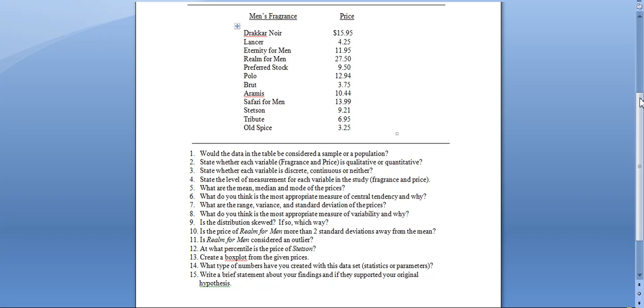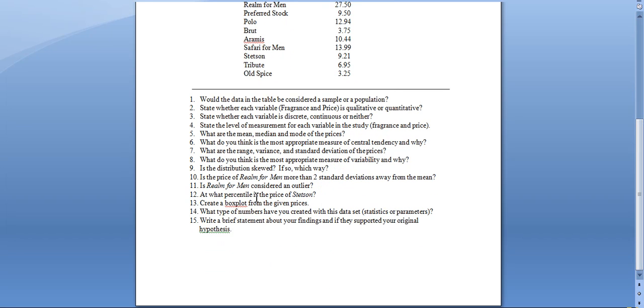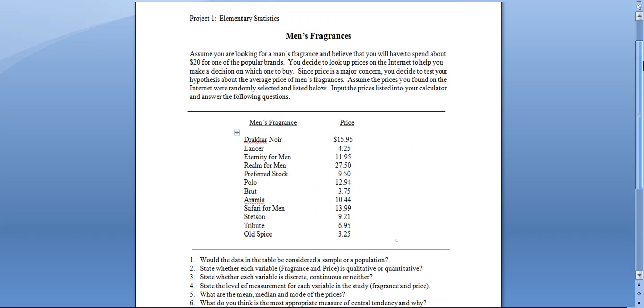And then you'll talk about whether you think it's skewed, comparing the mean and median. The percentile, you compute that. The box plots you'll get from the information in your calculator, and answer all these questions. So that should get you off to a good start on that first project.